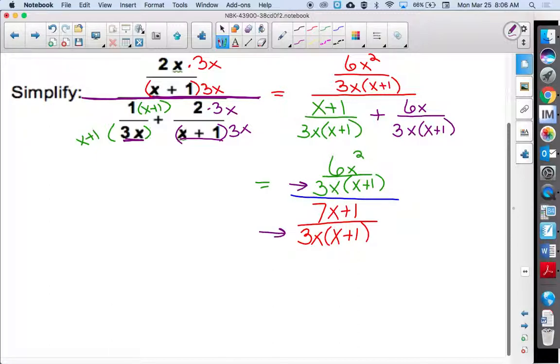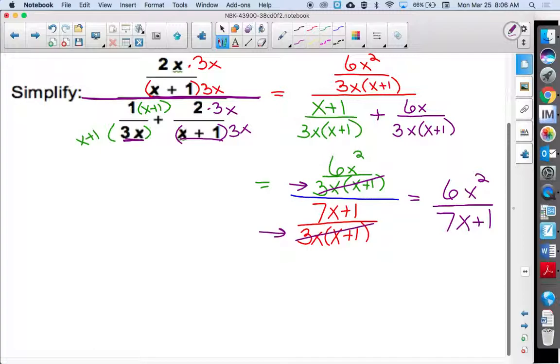So she said if you'd write it as a fraction or as multiplication, they would end up canceling. So if your denominators are exactly the same, then they cancel because they're going to cancel each other out if I change it to a multiplication problem. So this denominator now cancels with that denominator because they are exactly the same. And we're left with 6x squared divided by 7x plus 1.